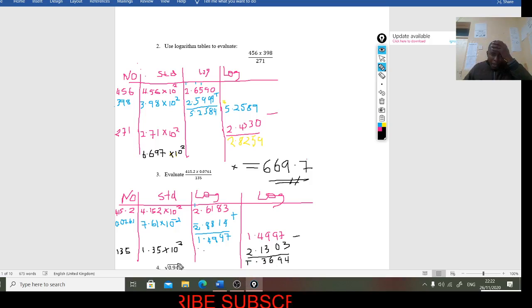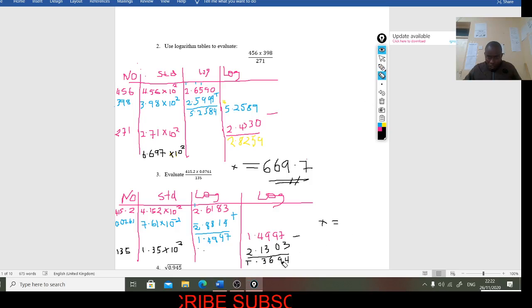I need the number x. So my x will be equal to 10 power of -1, because I multiply with this.